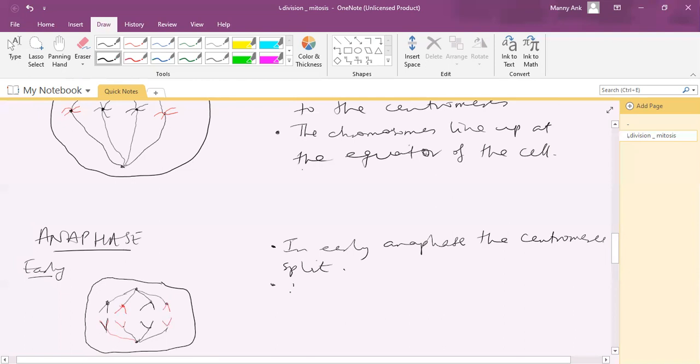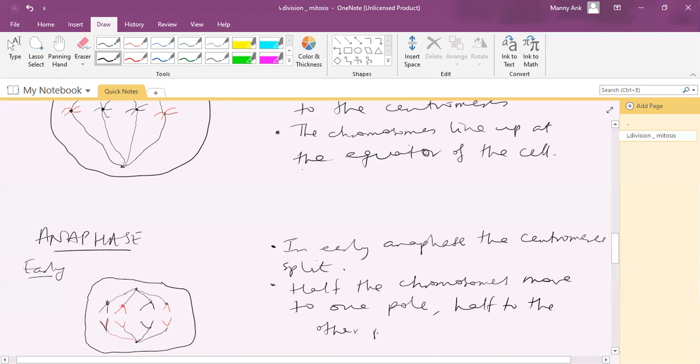Then you have half the chromosomes move to one pole and then half to the other pole, as you can see here. So they are being drawn to the opposite poles here. So that's what happens during early anaphase.